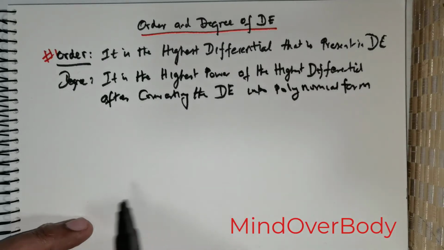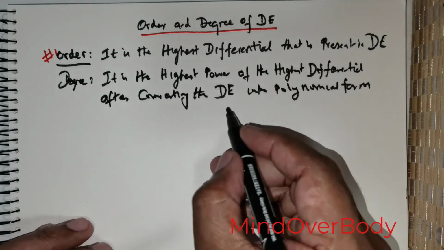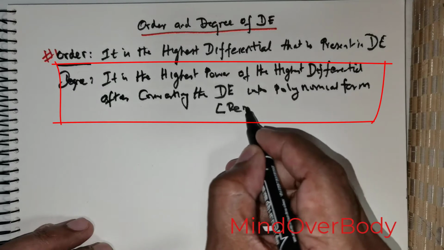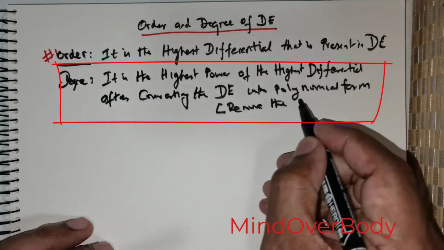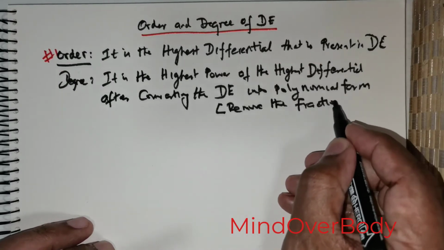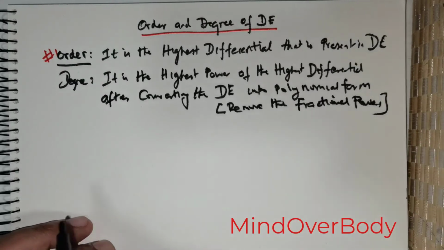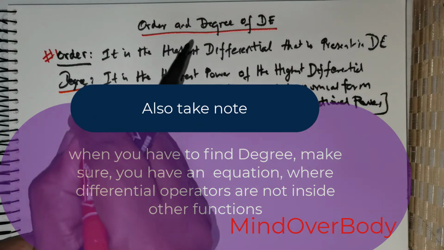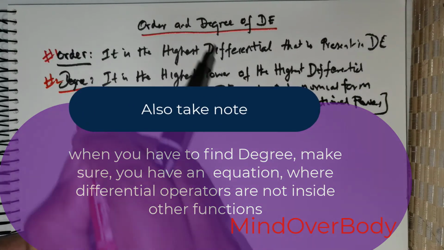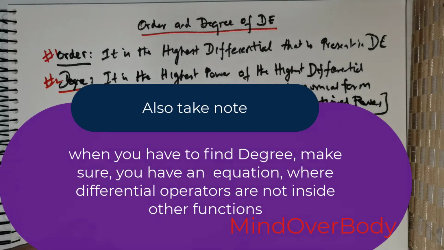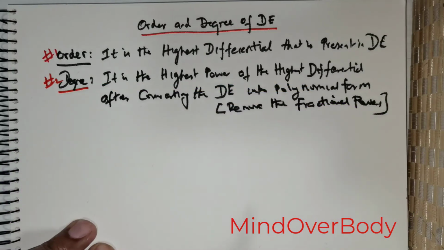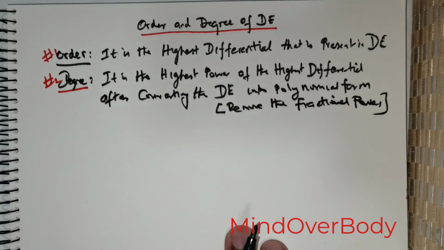So have that in mind. What do we mean by polynomial form? We will have to remove the fractional powers. Okay, so we have got two important definitions which we will be using to answer and to solve questions related to order and degree.